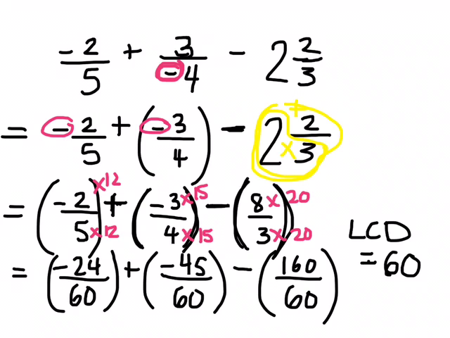So now we're going to take negative 24 plus negative 45, take away 160. Okay, so you're doing negative 24 plus negative 45, take away 160. Raise your hand when you have the answer to that. And don't call out. You should have gotten negative 229, and what's my denominator?